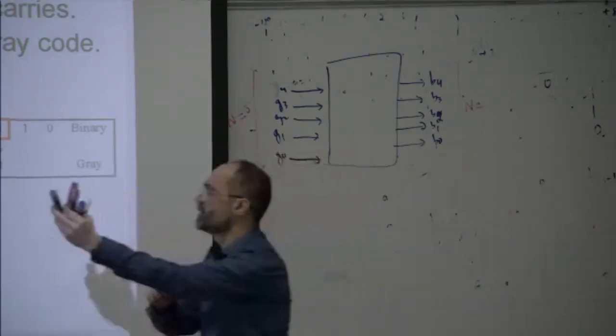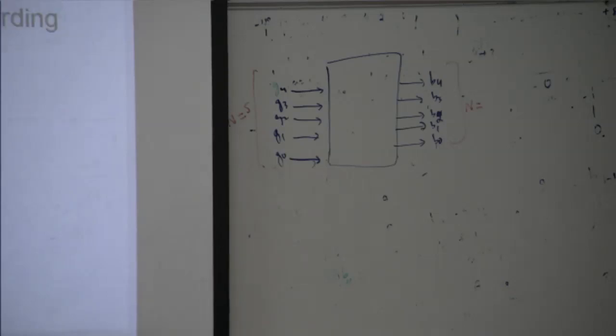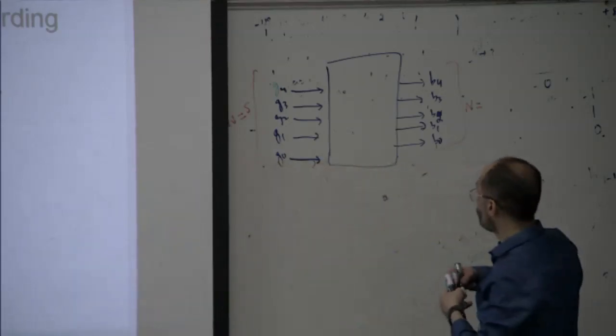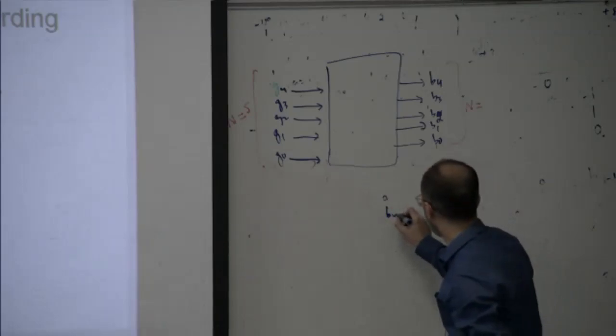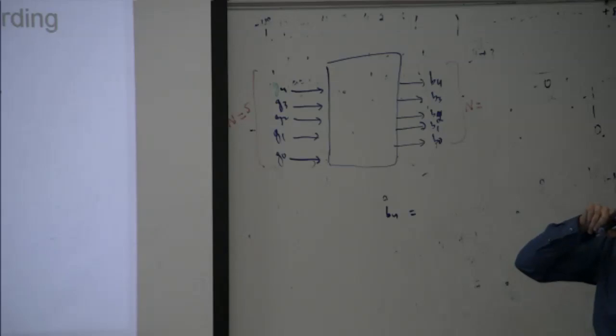So how do we transform this? We retain the most significant bit, the same bit. So in this particular example, what is now B4? It may be 1 or it may be 0, it doesn't matter.